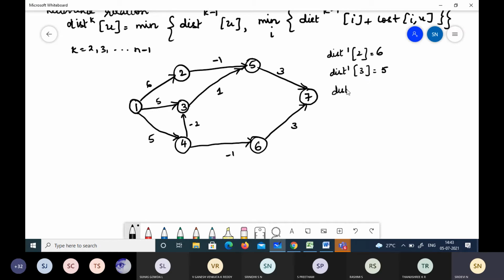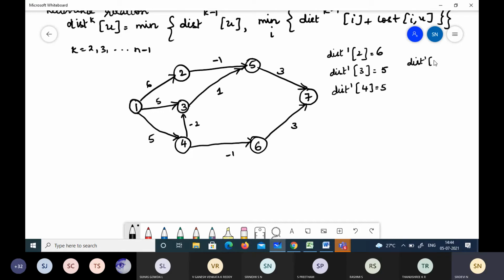From 1 to 4 we have 5, isn't it? Yes, all these nodes are directly reachable, so we can say that these are the distance. But what about the others? Are they reachable directly?